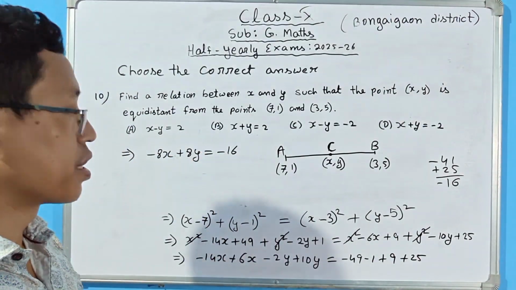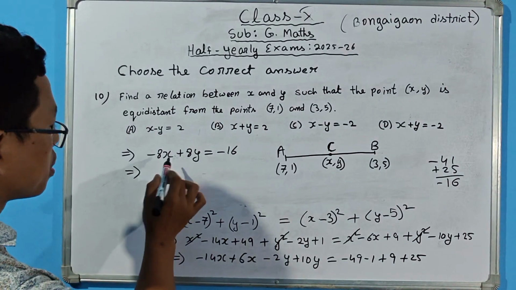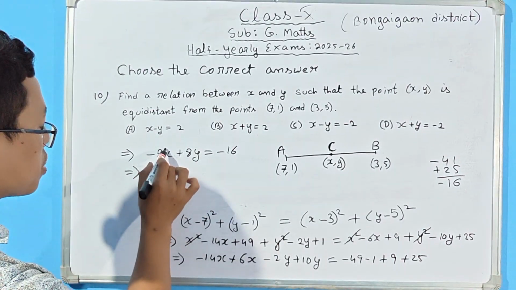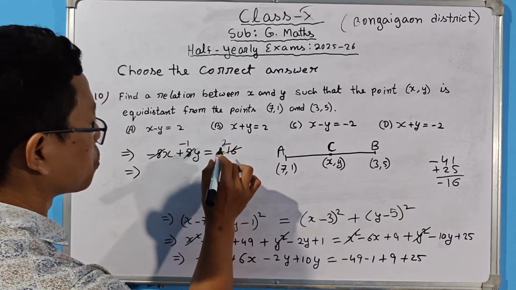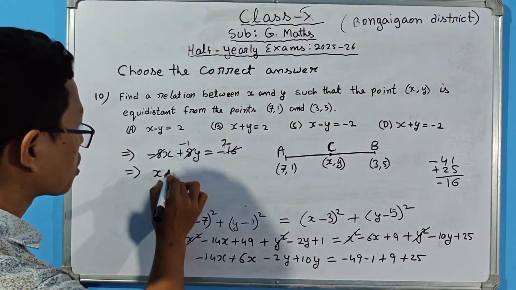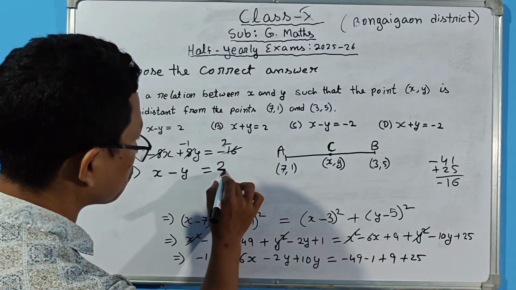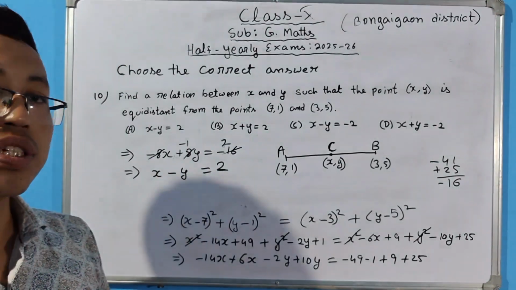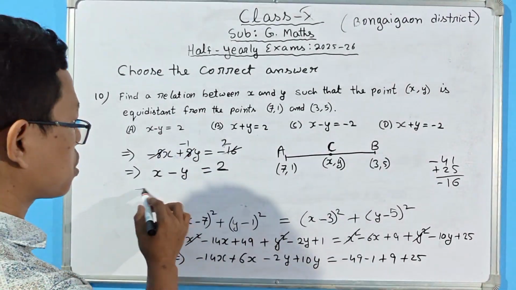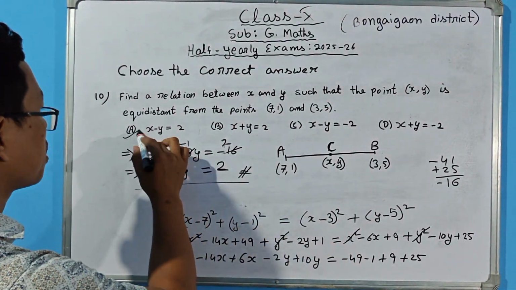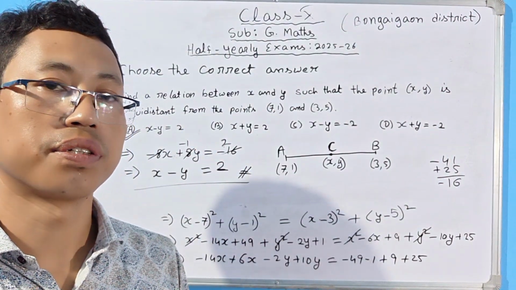So all the numbers are divisible by 8, so dividing by negative 8, we get x minus y plus 2 equals to 0. Clear? So where is our answer matching? Our answer matches with option A. So option A is the correct answer.